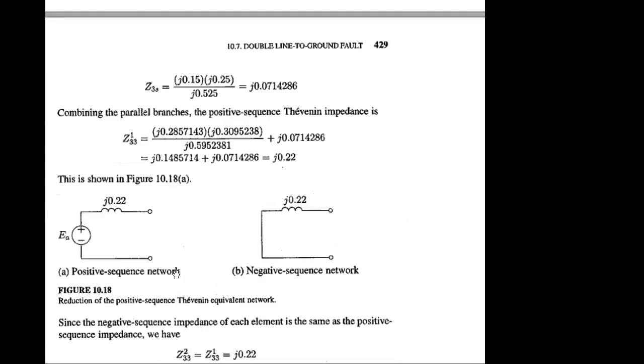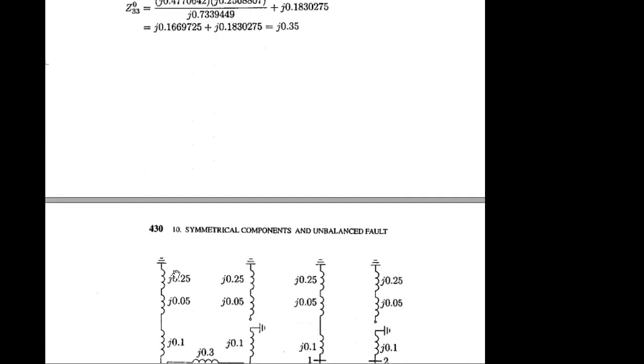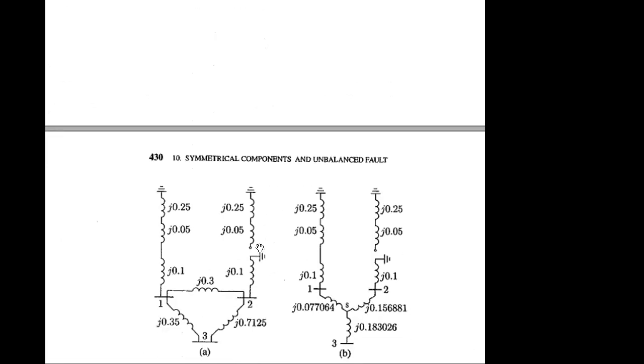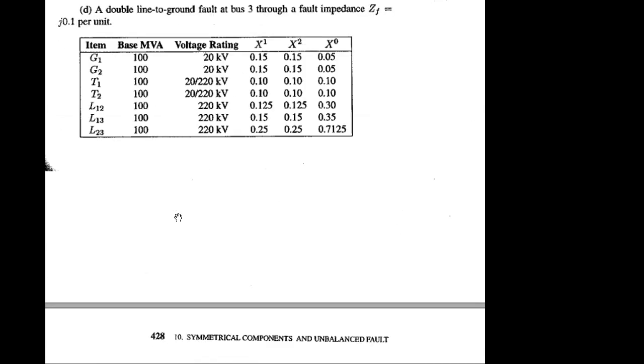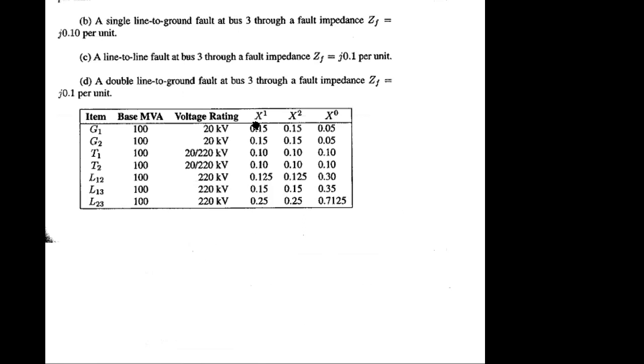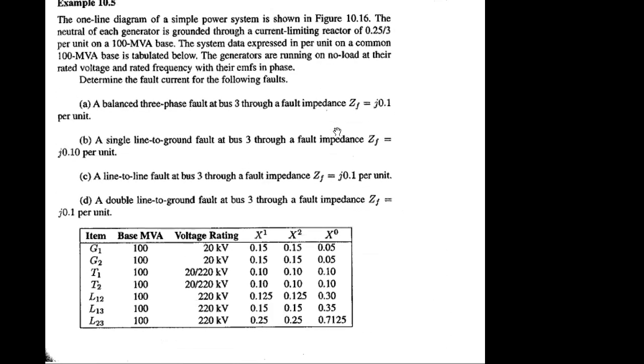So positive sequence and zero sequence impedance will differ in the transformer connection diagram, and the values will be different for both cases because the tabular information is different. For positive, it is 0.15, right? And here it is 0.05.